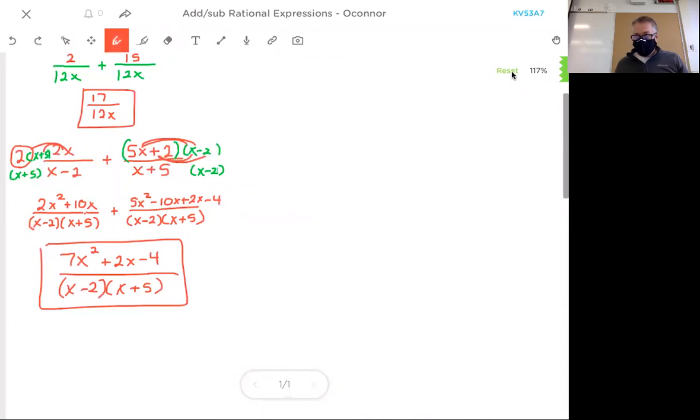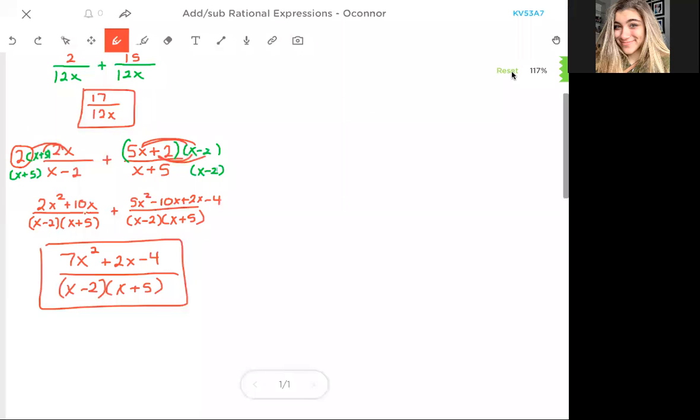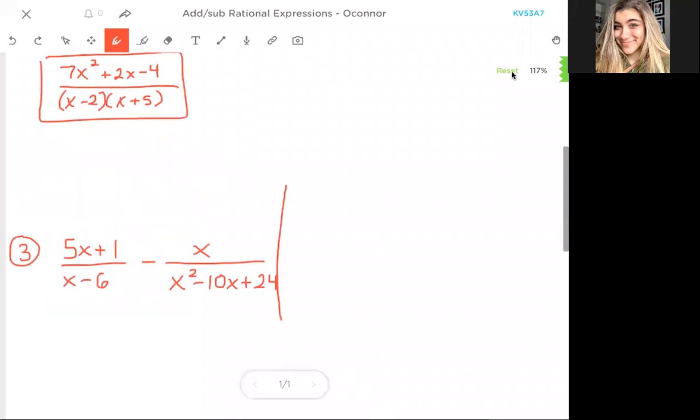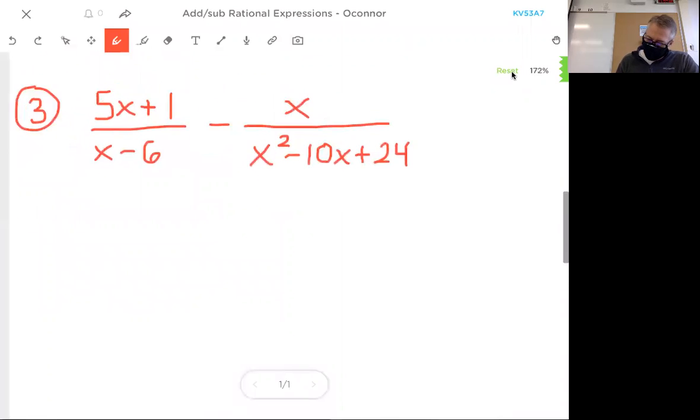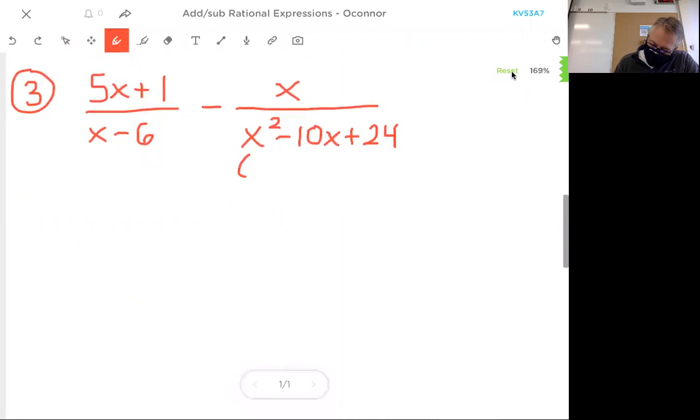All right, we still hanging in there? We got one more here. So to do number 3, we'd want to try and factor this bottom right, and that factors into x minus 6 times x minus 4. And so now my common denominator is x minus 6, x minus 4.